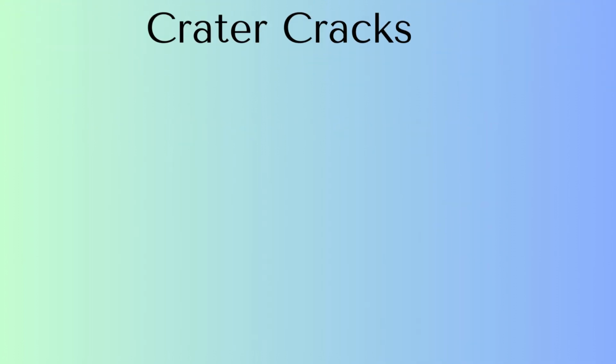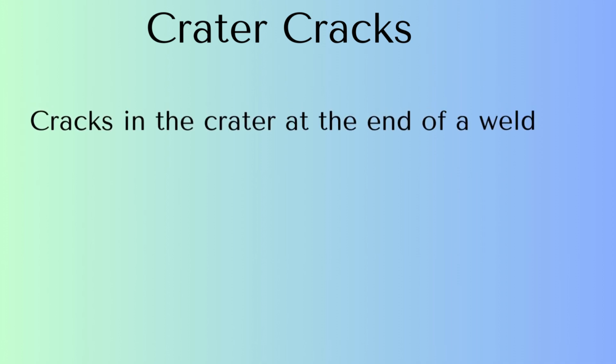The next type of crack is crater crack. Right? This is very interesting, but equally dangerous also. These are cracks in the crater at the end of the weld, which can be longitudinal, transverse, or radiating. Right?